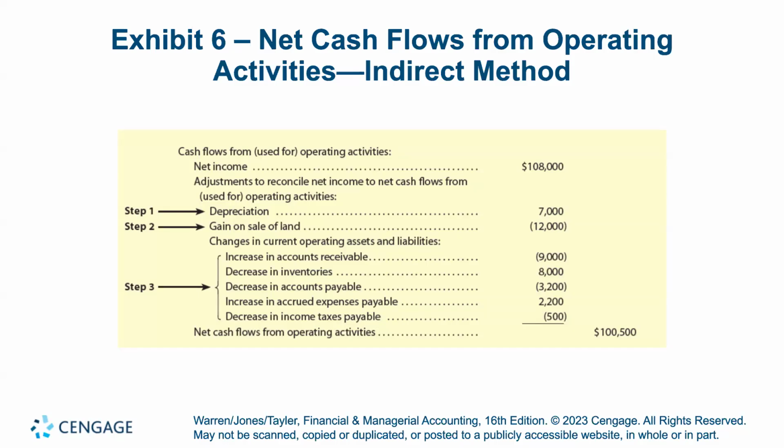The increase in accounts receivable, we did a negative adjustment, or for the assets, we did a negative adjustment. The decrease in inventories, we added it. The decrease in accounts payable, we decrease because that's a liability going down. The increase in accrued expenses, the decrease in income taxes payable, and at the end, we get a net cash flow from operating activities.